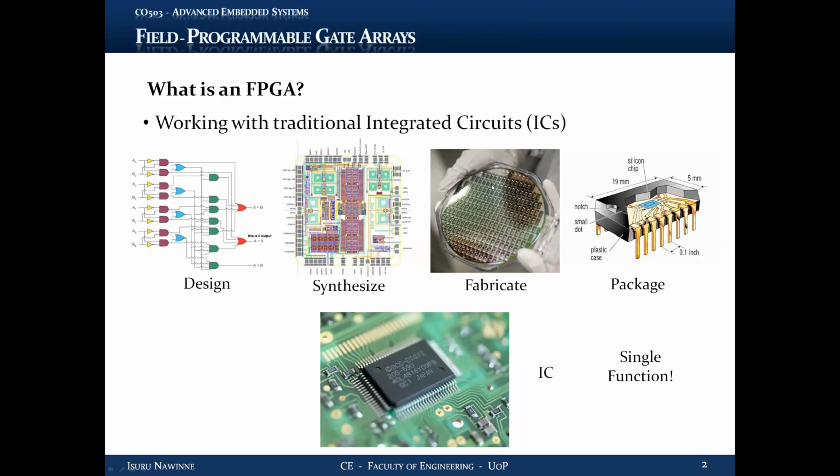A wafer can contain hundreds of copies of the same chip or different chips, and it will cost you an arm and a leg, to be honest, because it's going to cost several thousands of dollars to get a single chip made. If you want a single chip made, it's going to cost a lot.